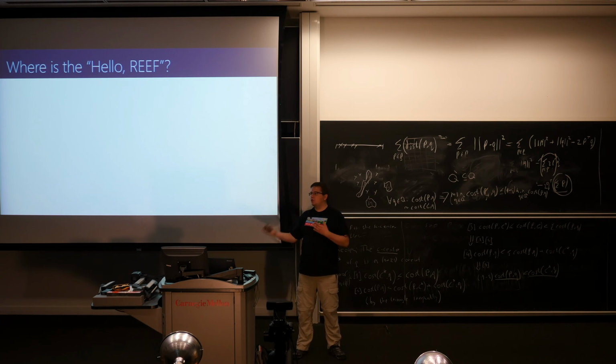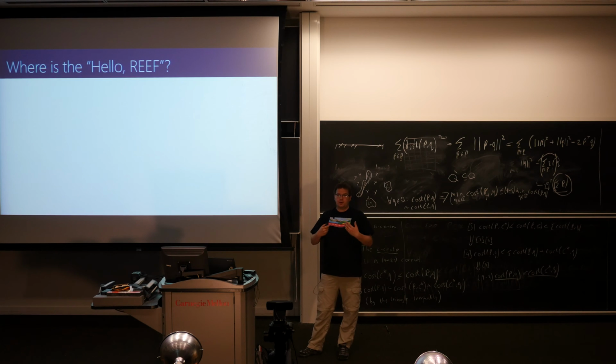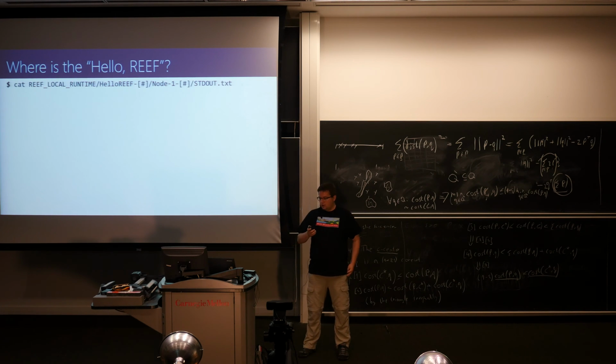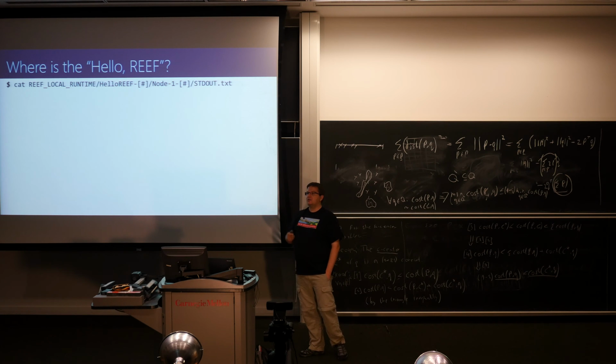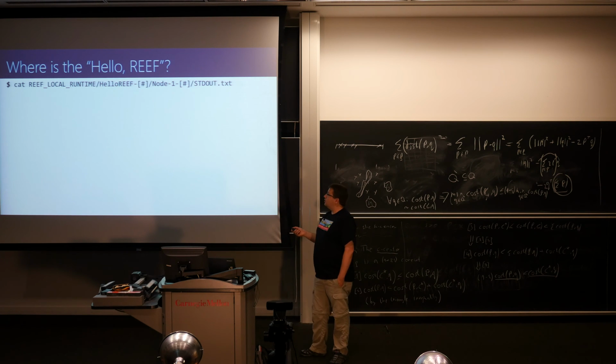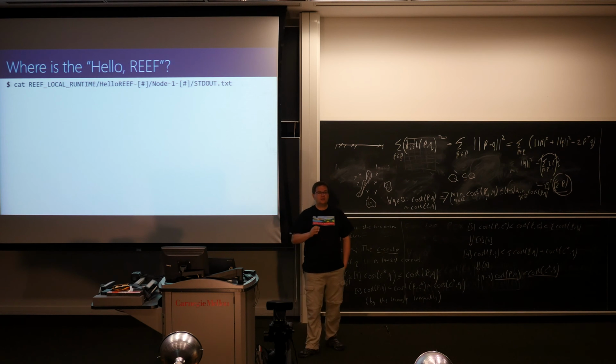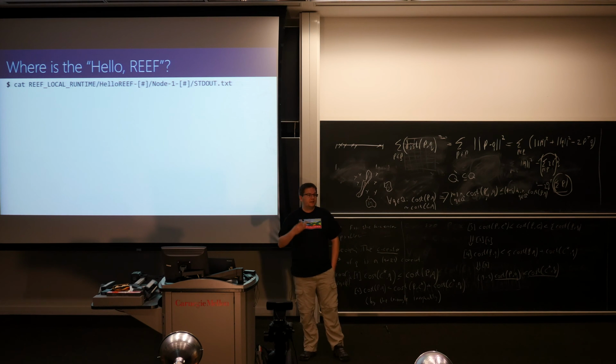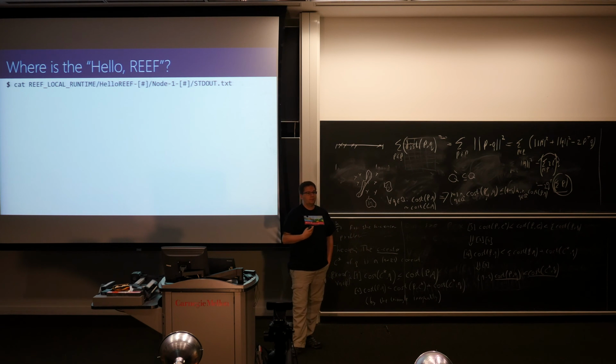In this case, that remote machine happens to be a process on your computer, so it's not that remote. And we store all the output of those processes in a folder. So when you look into where you executed the prior command, you will see that there's now a folder called REEF local runtime. That is just a constant name that we use for all the output of anything that has been run on the local runtime.